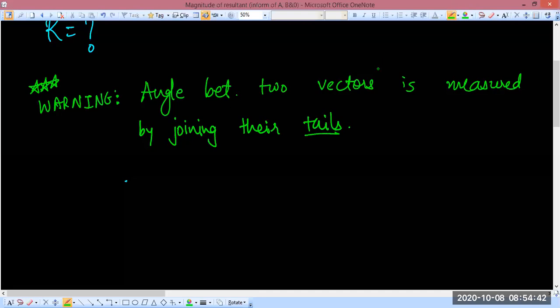Okay, angle between two vectors is measured by joining their tails. Clear?